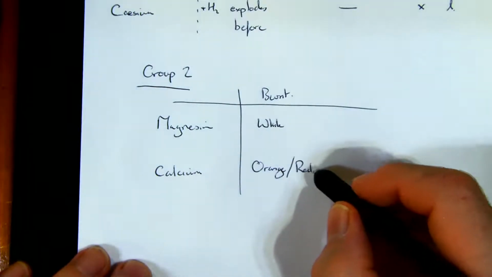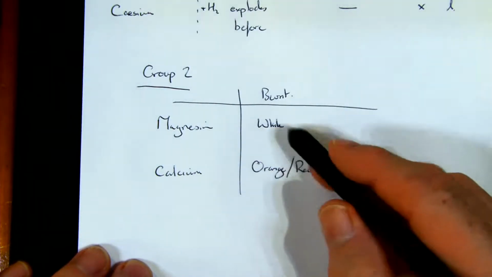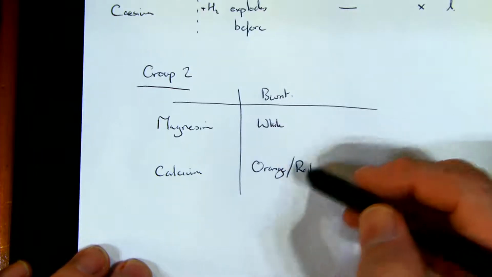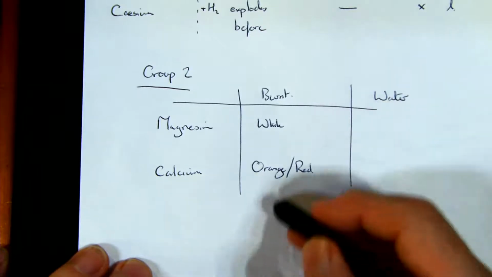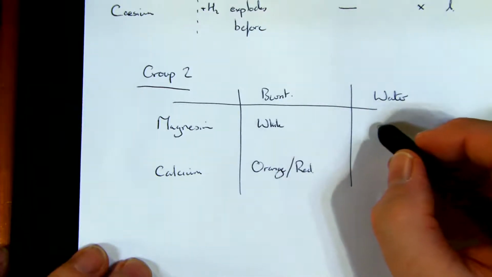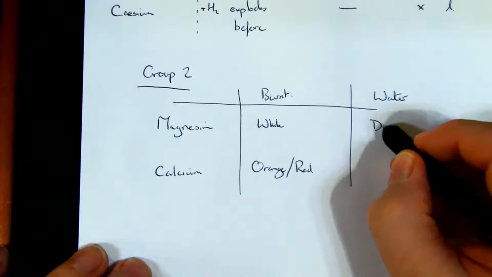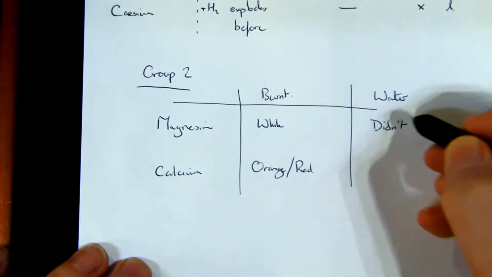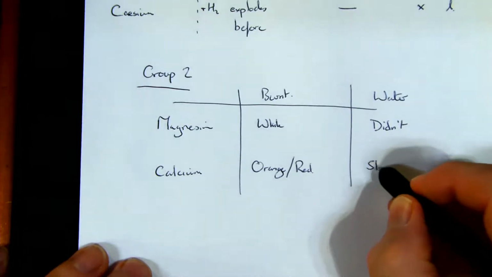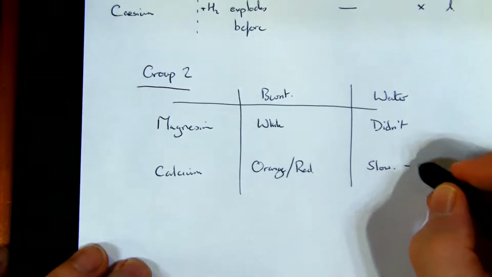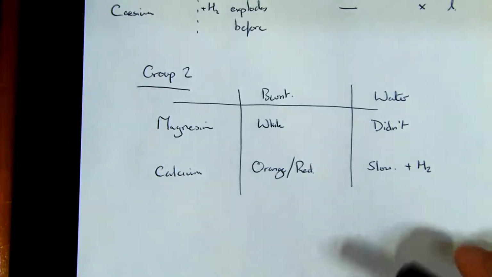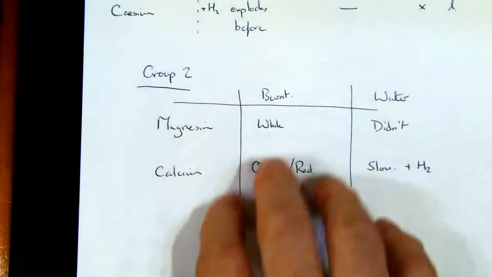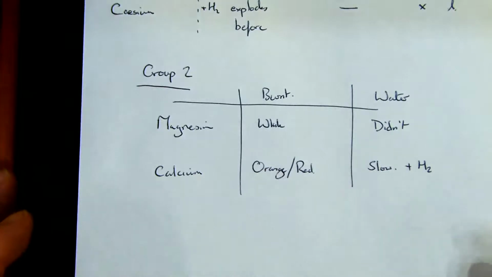And this one seemed to be even brighter than the magnesium. With water, what happens? Well, the magnesium didn't react with water really. And this one was slow, and it gave off again hydrogen gas. So we've got the group 2s being less reactive than the group 1 elements.